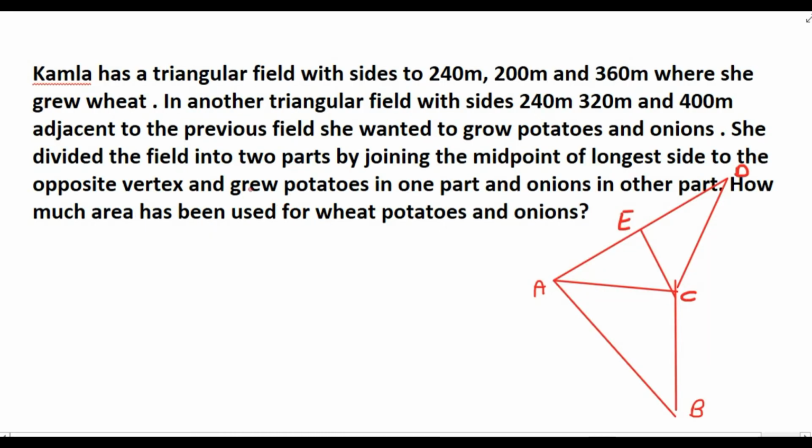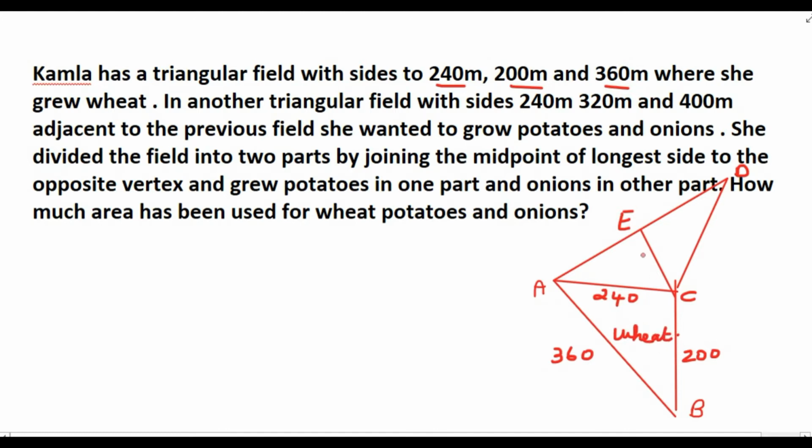Now let us take an example. Kamala has a triangular field with sides 240 meter, 200 meter and 360 meter. We can take this as 360, 200 and 240 meter, and here she grew wheat.